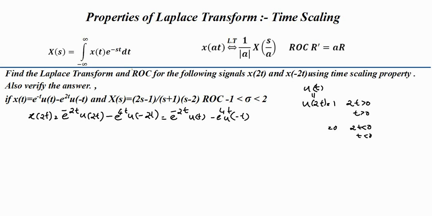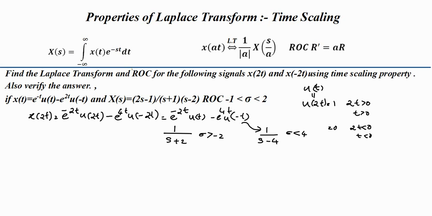Now we can write the Laplace transform directly. This quantity is a causal signal, so 1 by s plus 2, and the ROC is sigma greater than minus 2. And here it is an anti-causal signal, so you can write 1 by s minus 4, with sigma less than 4.